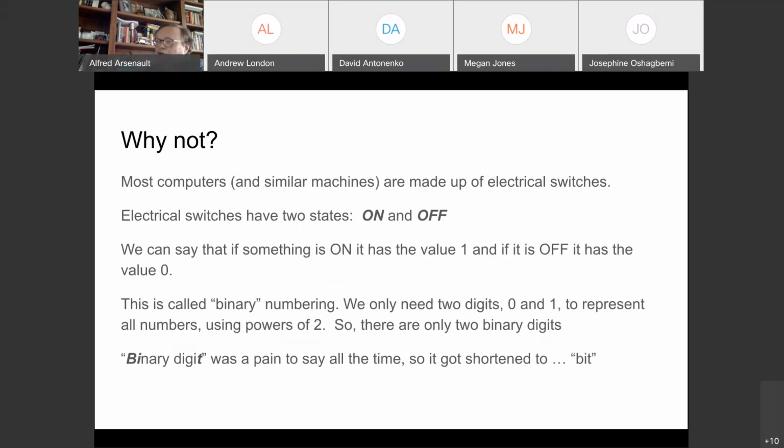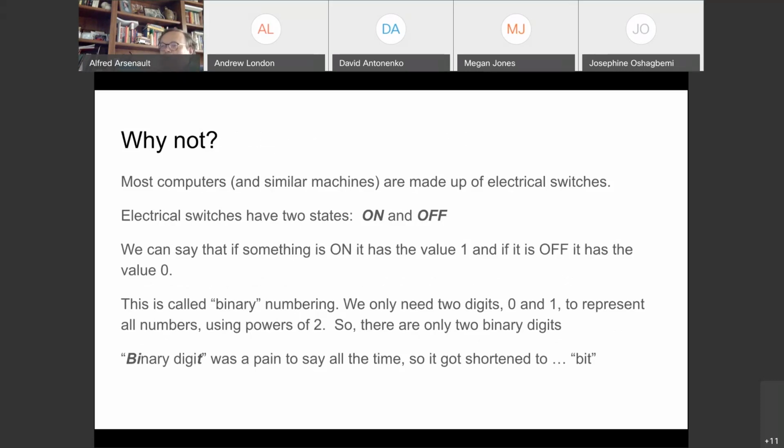Computers, the original one and most of them since, are in effect made up of electrical switches. If you've taken computer architecture, you may have heard the term flip-flop. It's an electrical switch that has two states, on or off: either electrical current flows or it doesn't. Those were the original ones.